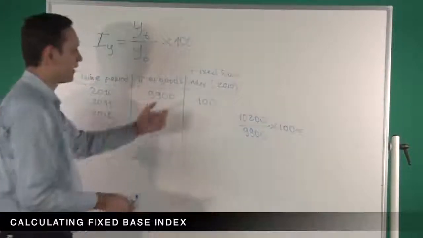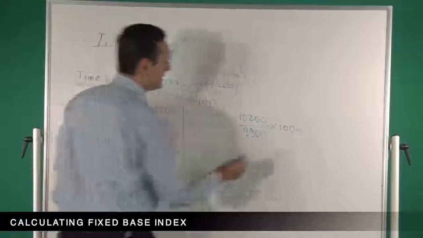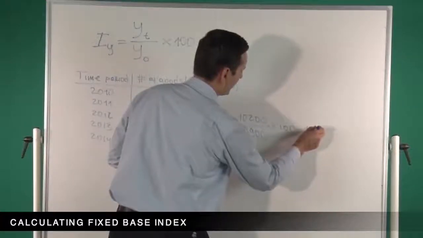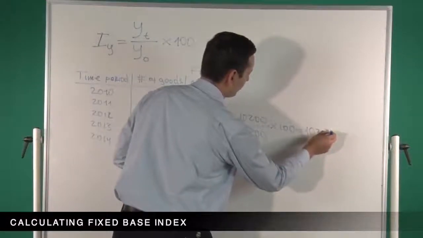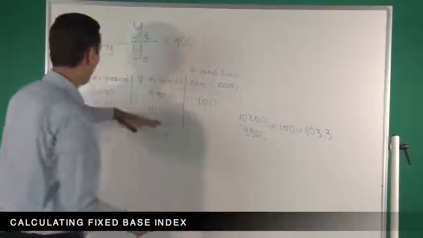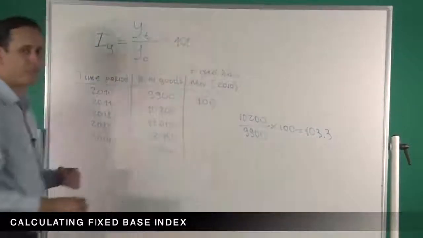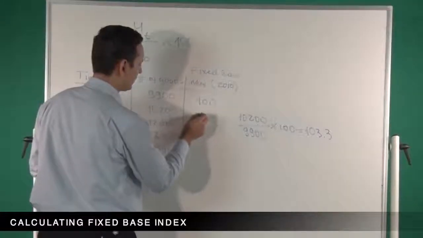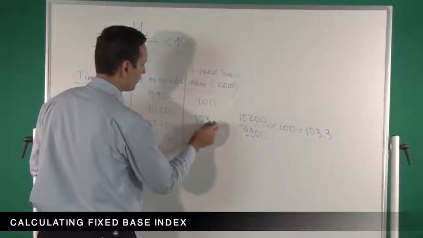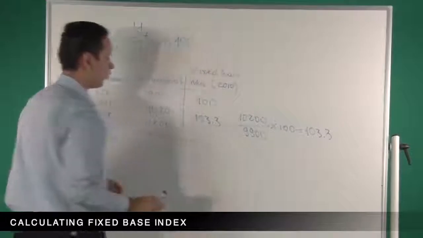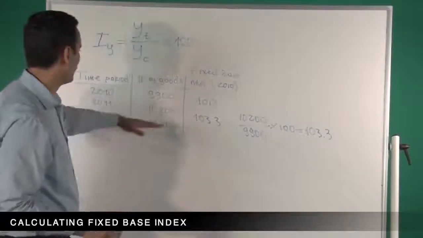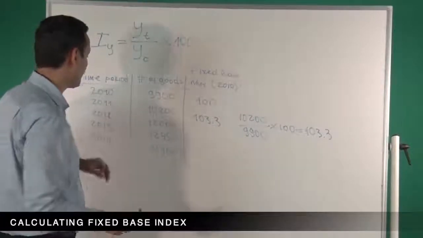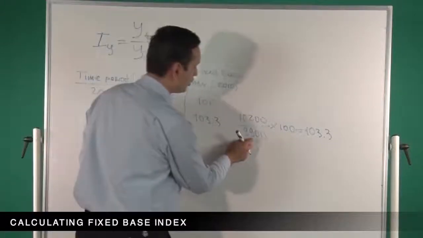And for this one, you're going to get 103.3. So for 2011, we just write the fixed-base index for 2011 is 103.3. Now for the next one, we do the same thing and we do not change the base.